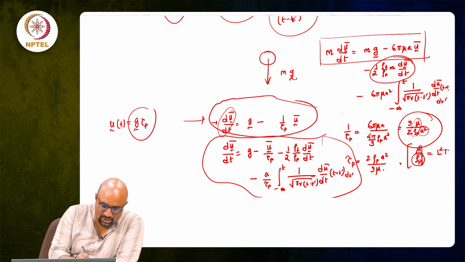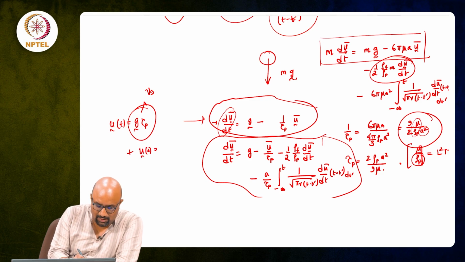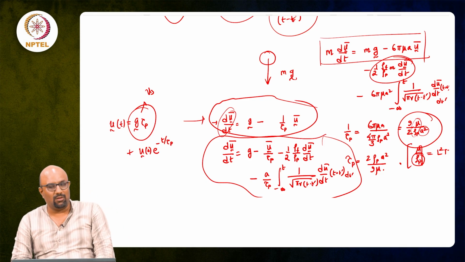So, now you see that g tau p is basically your settling velocity, the Stokes terminal velocity, and then based on your initial condition you are going to get a part which would be, let us say you started out with some velocity, u of 0 times exponential of minus t by tau p.